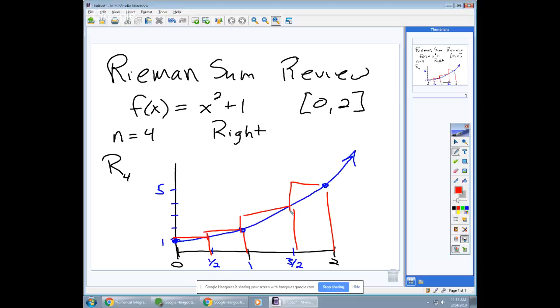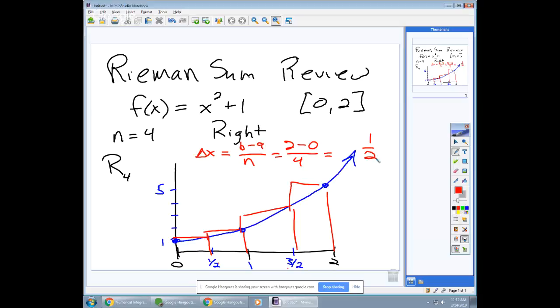Reminder about coming up with these values here. So this one was pretty easy. We take delta x, for example. We take the width of the interval, which is just b minus a, and we divide by how many pieces we want in. So in this case, my b is 2, a is 0, divide by 4. I get 2/4 or 1/2 is my delta x.